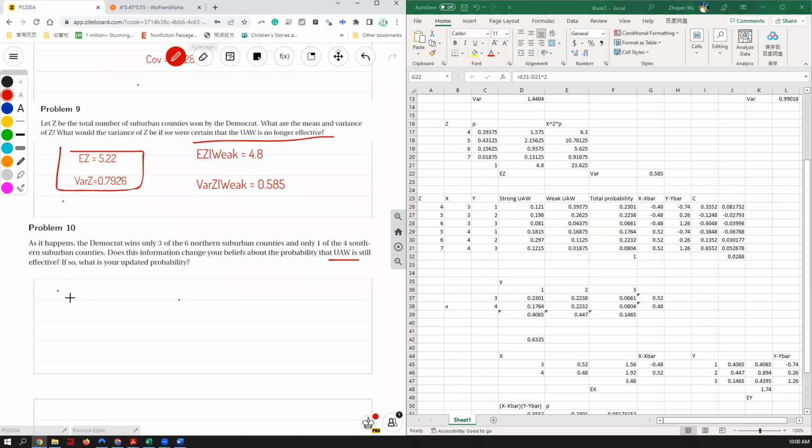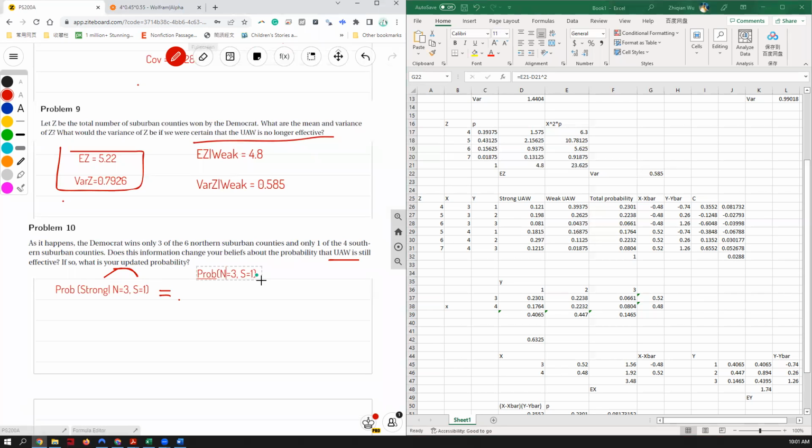So we want the probability of strong UAW, given that I win 3 northern states and 1 southern state, right? South equals 1. So this is what we want. And if I use Bayes' law correctly, that should be equal to the probability, reversing them, of winning 3 north and winning 1 south.